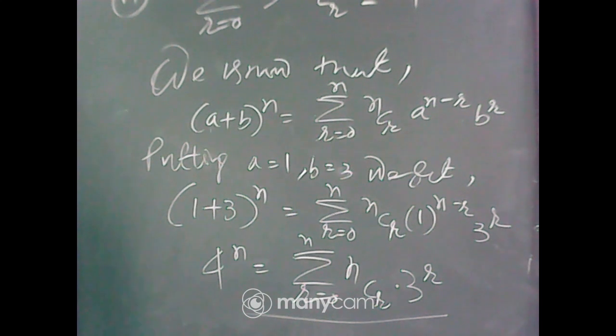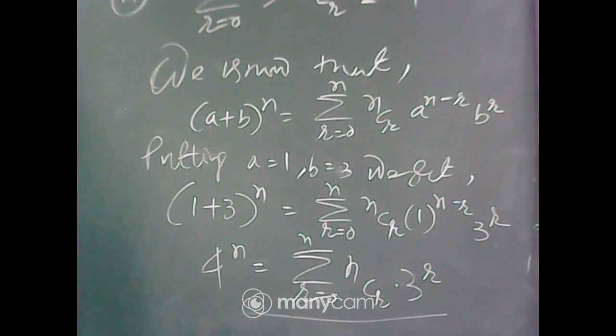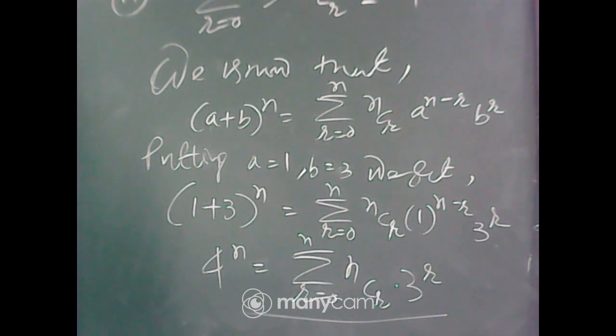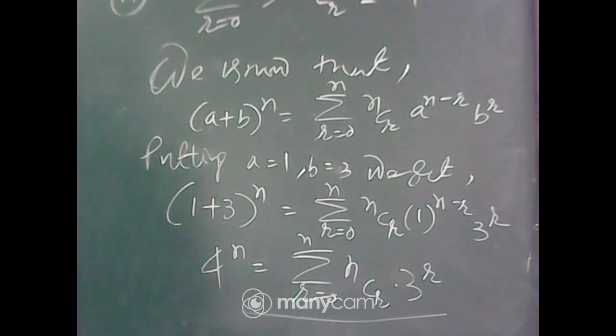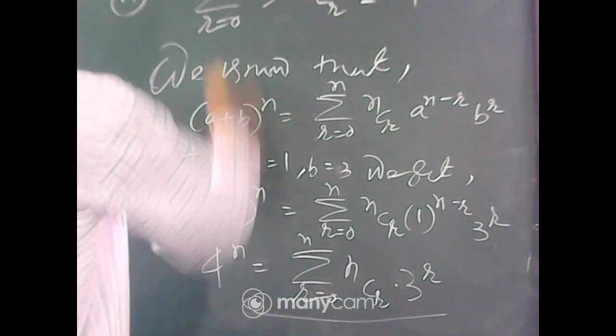Okay, now we will discuss. This exercise is completed. Now we will discuss the general term and middle term in the expansion of (a plus b) to the power n.